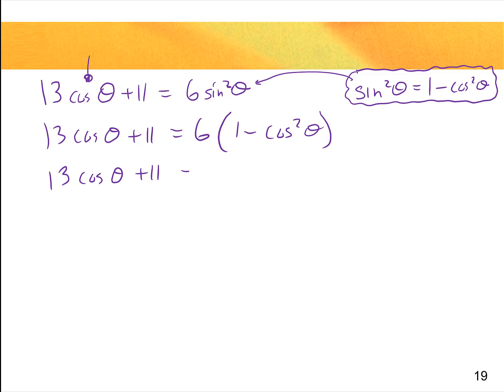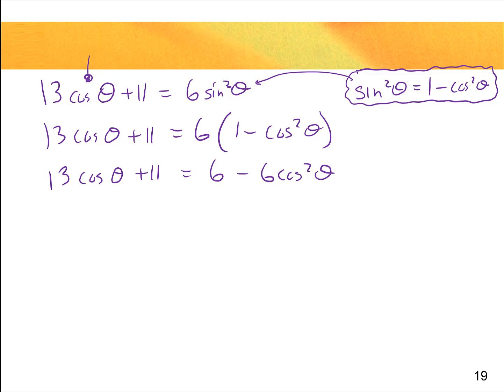I'm going to distribute the 6 to each of these guys. Let's move things over. So I see a cosine term. I see a cosine squared term. Again, factoring or quadratic formula.